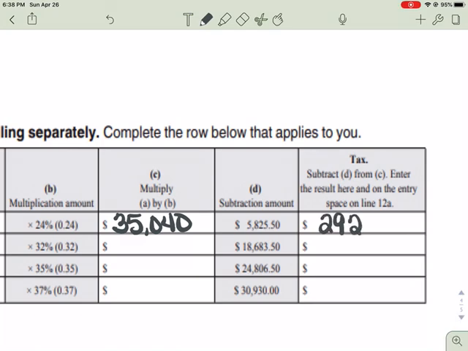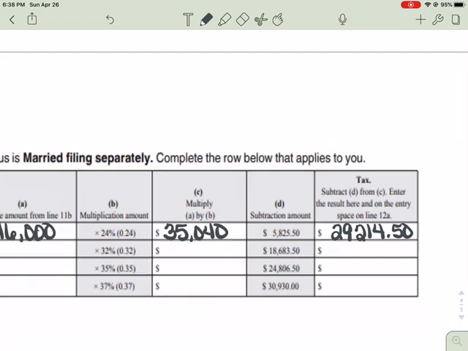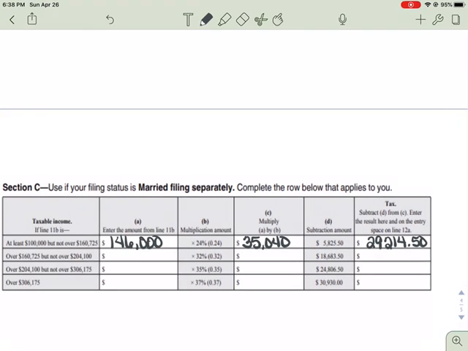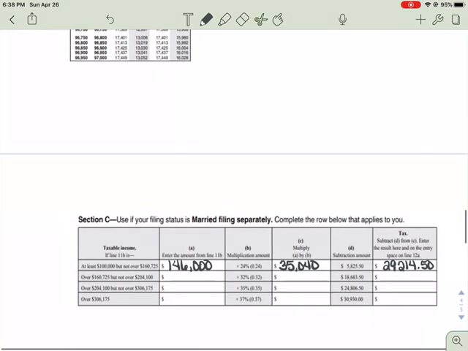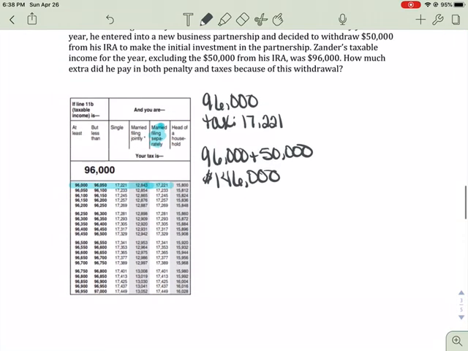Okay, so that's $29,214.50. Okay, so that's his taxable income, all right, that he has to pay. Now, that's just the difference in taxes. We also have to look at the penalty that he's going to have. So let's find the difference in taxes first.